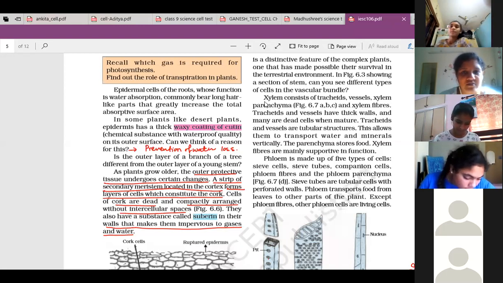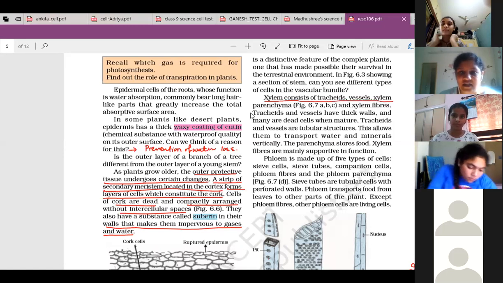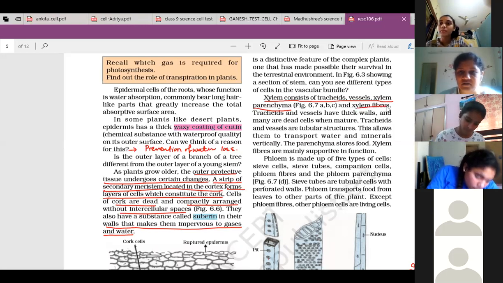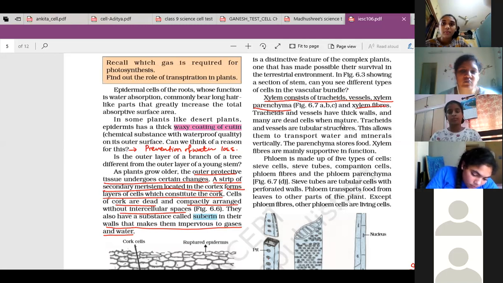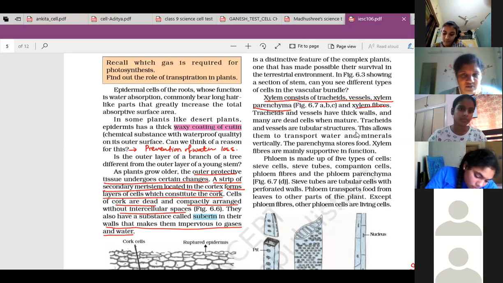Here it is written, you can underline: xylem consists of tracheids, vessels, xylem parenchyma, and xylem fibers. Tracheids and vessels have thick walls and many are dead cells when mature. Tracheids and vessels are tubular structures.